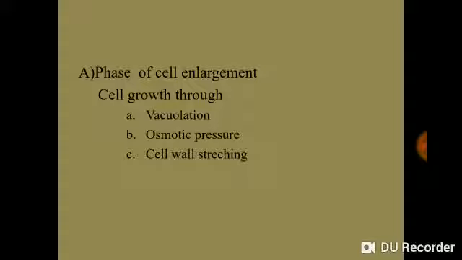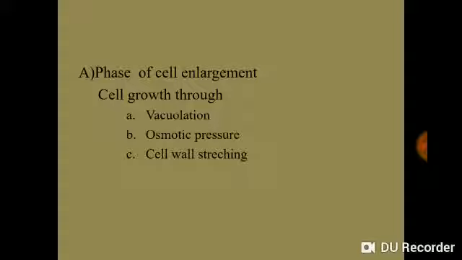The cell enlargement takes place by increasing the quantity of osmotically active substances, like absorption of water and development of vacuoles in the cytoplasm. This process is called vacuolation.